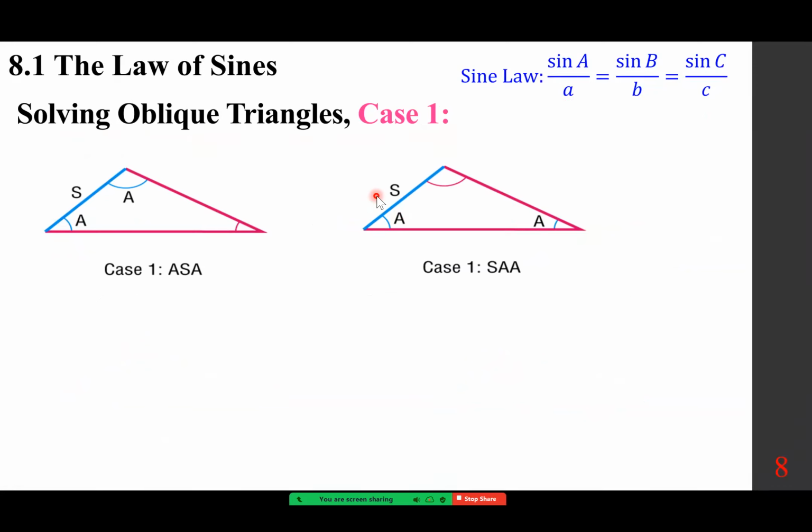Consequently, SSA is referred to as the ambiguous case. So several cases can happen.